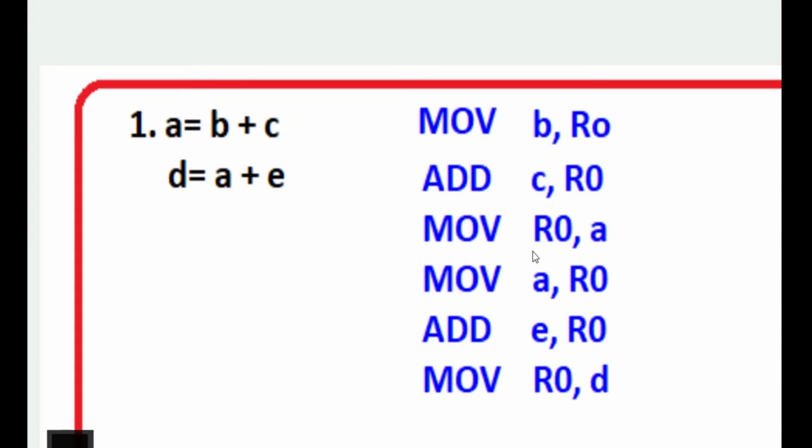It is stored in R0 only. So once again, reassigning the value to R0 is inefficient. So this particular statement could be removed. Using this statement is very redundant because R0 already contains the value of A. It is not necessary to once again reassign the value to R0. So by eliminating this particular statement, we can make our generated target code efficient.